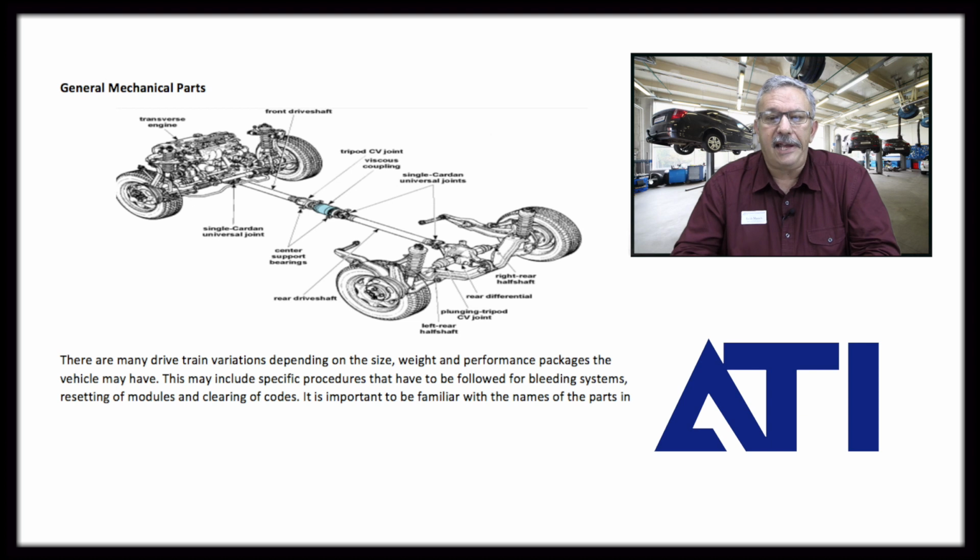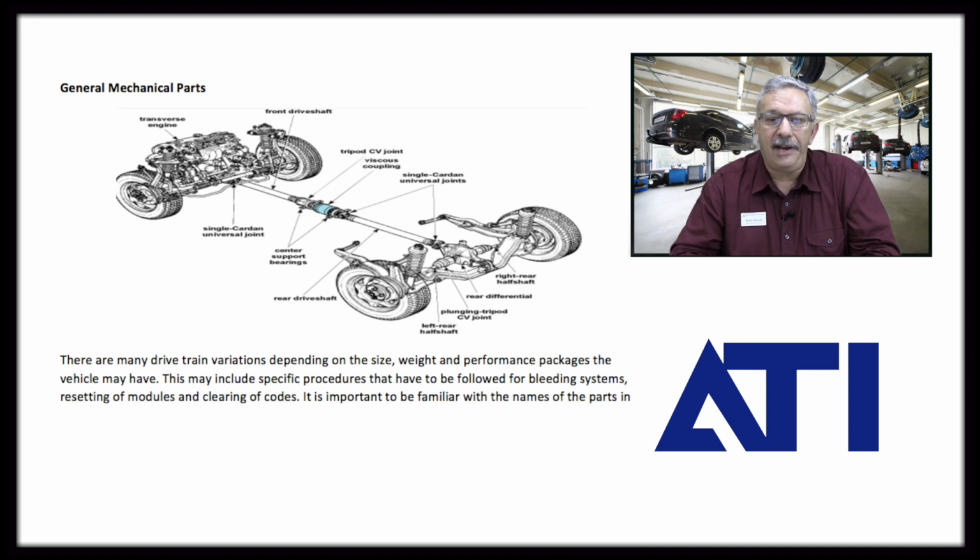However, it does have a drive shaft that goes back to the rear of the car. So again, I can see constant velocity joints both front and rear, and this is illustrated so that you can read what those are. But it helps us to identify what some of those parts should look like.